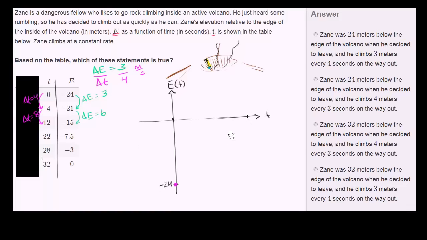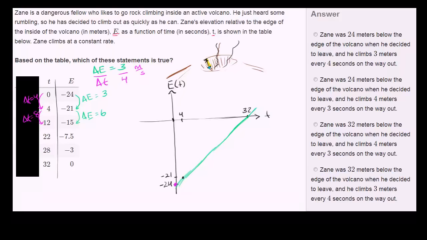So let me put that right over there. His elevation as a function of time looks something like this. And we can plot other points, like when time is 4, his elevation is negative 21. So this is the general idea. He starts at negative 24 meters and he increases at a rate of 3/4 meters per second.